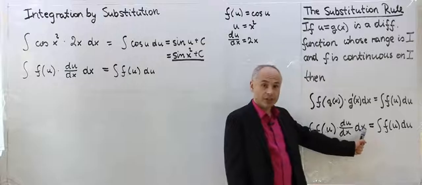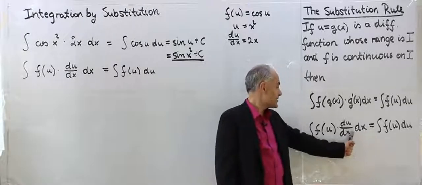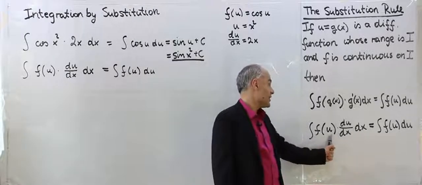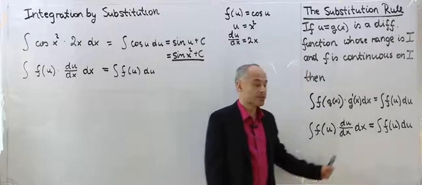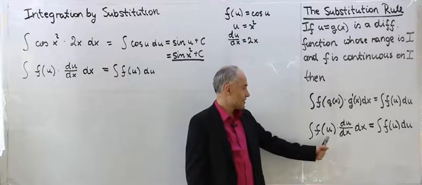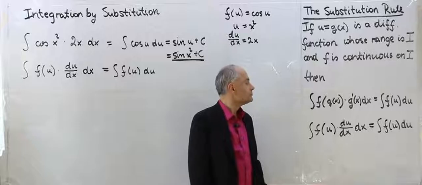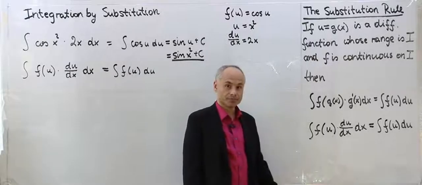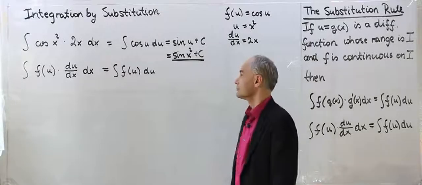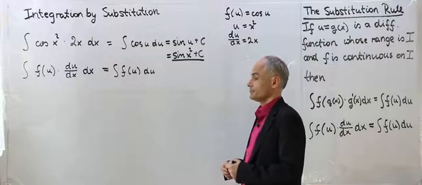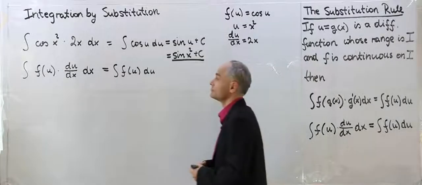If I could, for a moment, just cancel dx here and dx here, then certainly the left-hand side would be equal to the right-hand side. So that's why it's easy to remember the substitution rule. Do you have any questions?